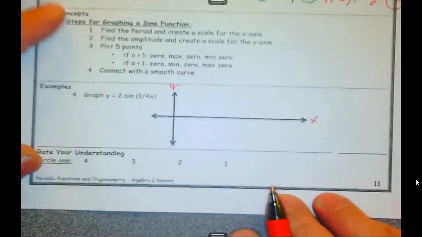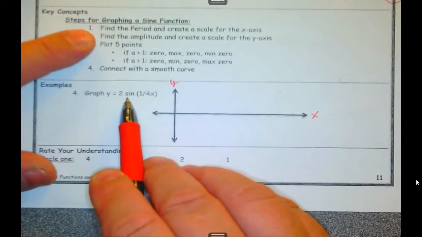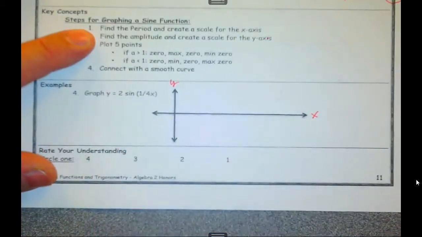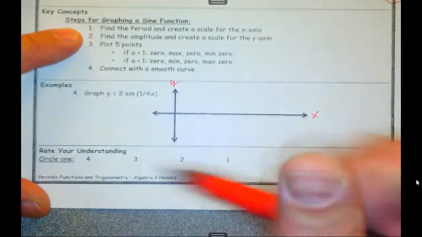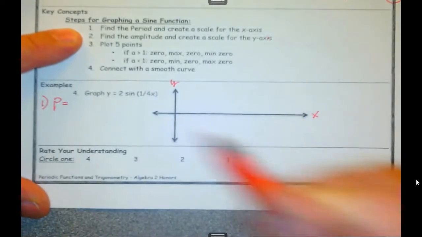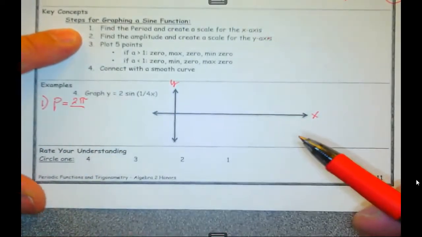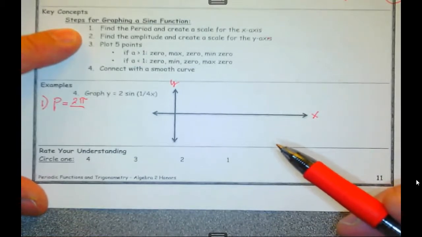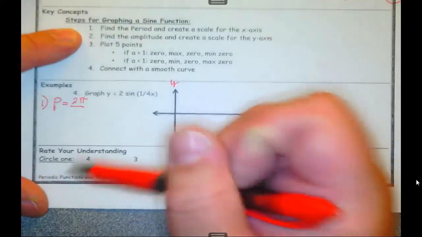Example. Graph y equals 2 sine quarter x. Find the period and create a scale for the x-axis. Step 1. What's period? 2 pi. What's my b? 1/4.